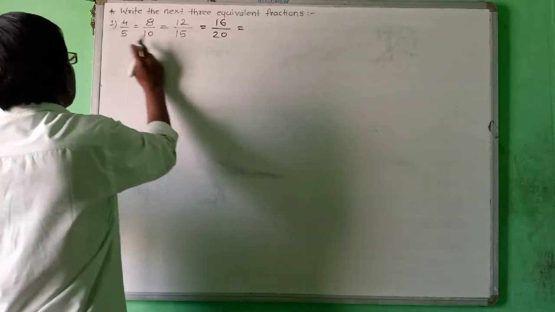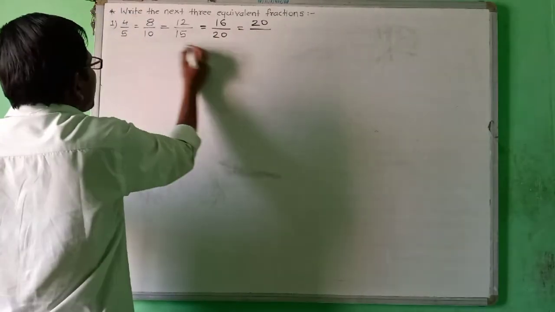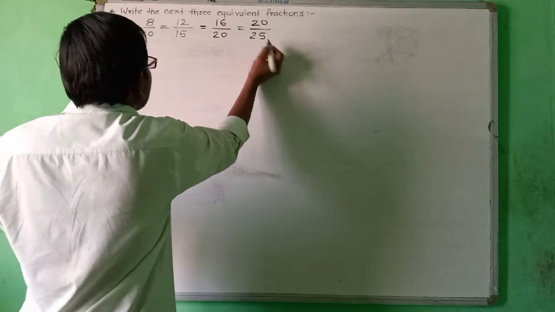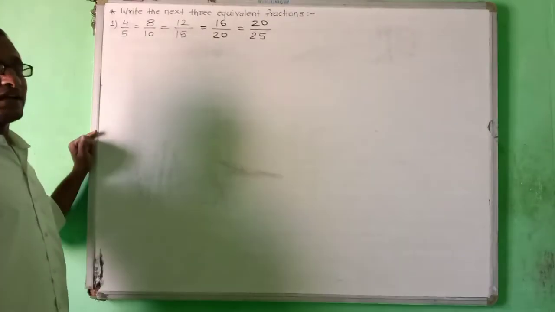Then 4 5s are 20, 5 5s are 25. Write down in this way and then check whether your answer is correct or wrong.